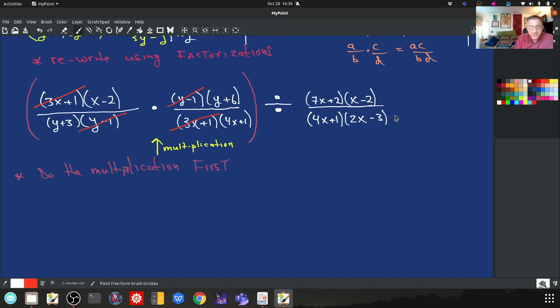So the simplification, what's done right here in parentheses, is you just write my remaining factors, x minus 2 times y plus 6 divided by y plus 3 times 4x plus 1.